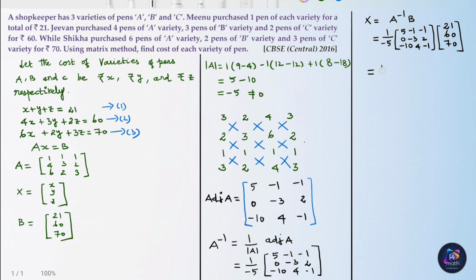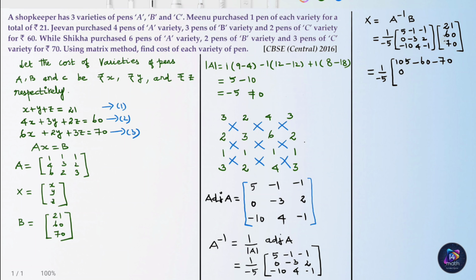So 1 divided by minus 5. Multiply this first row with the column. 5 into 21, 5, 5 2s are 10, 105. Minus 1 into 60, minus 60. Minus 1 into 70, minus 70. Now multiply the second row with this column. 0 into 21, 0.